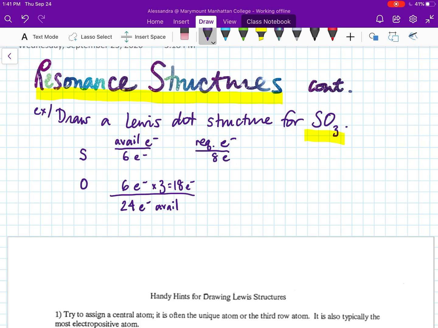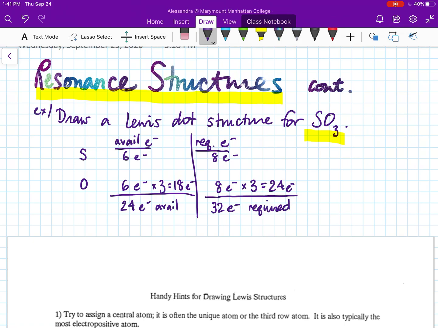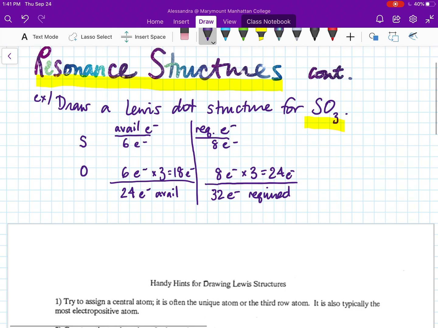Now, sulfur is going to need 8 electrons for its octet, and the oxygens are each going to need 8, and there are 3 of them, so that's 24 electrons that are required by the oxygens. I'm just making this little table here. So 8 plus 24 is 32 electrons that are required. I subtract the smaller number from the larger number, so 32 electrons required minus the 24 electrons available.